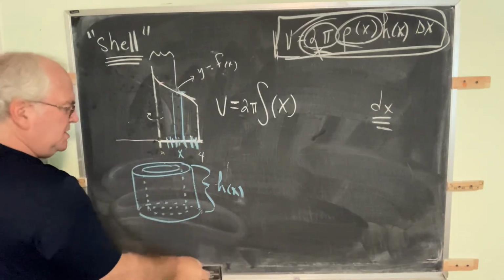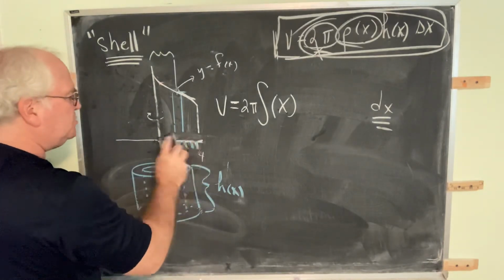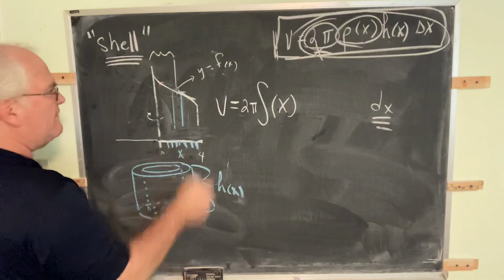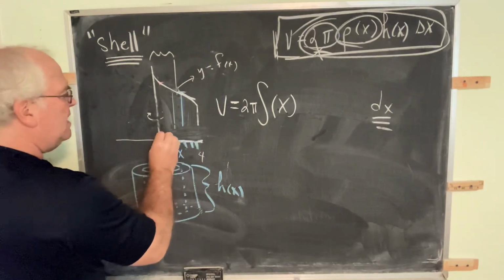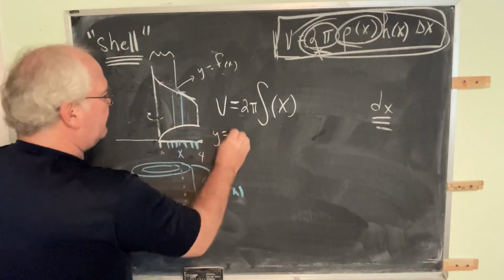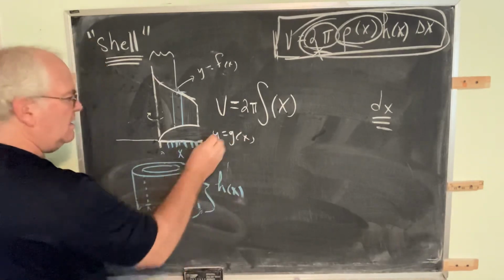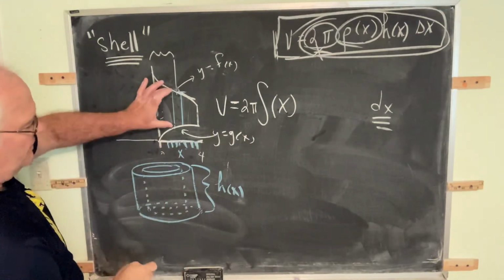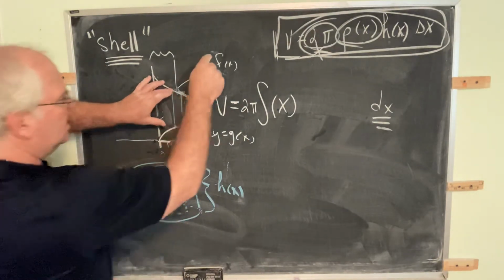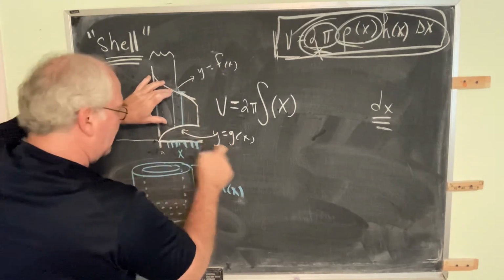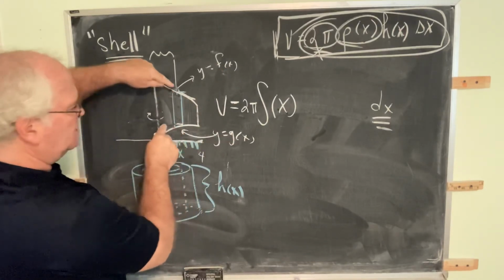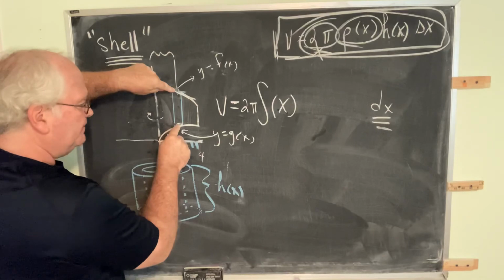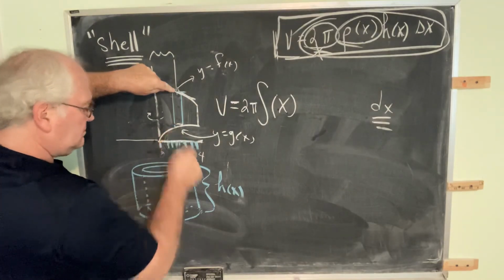Now suppose, don't change what you've written here, but suppose we have a slightly different piece. We have a y equals f of x for the top and a y equals g of x for the bottom. Now, what is the height of this blue rectangle? It is the top curve minus the bottom curve. So the height is always the top minus the bottom. All right?